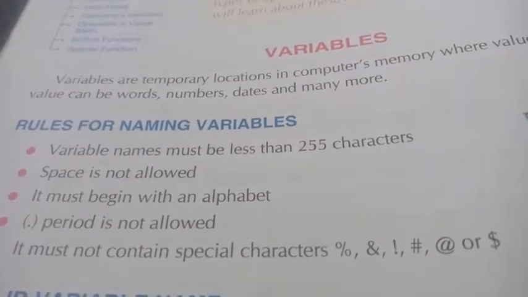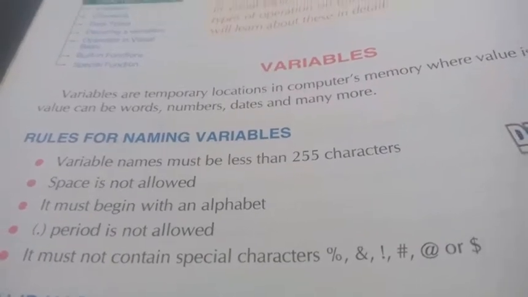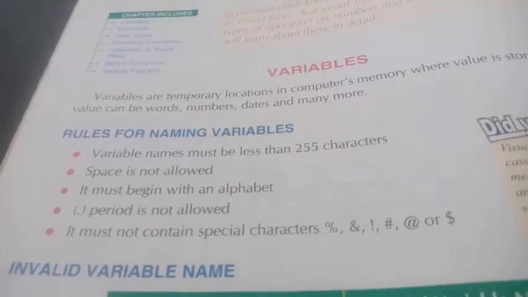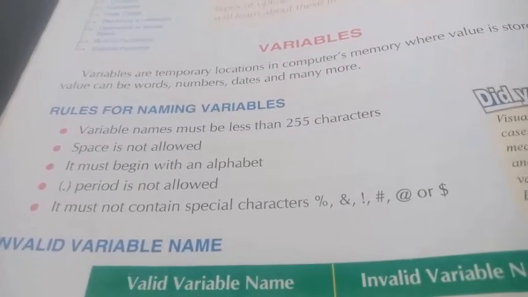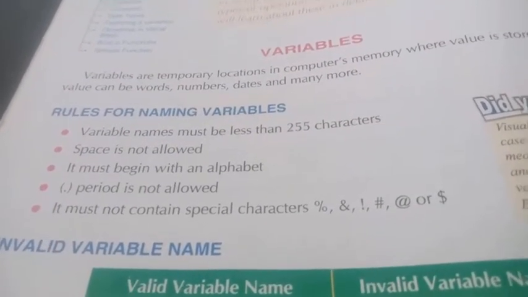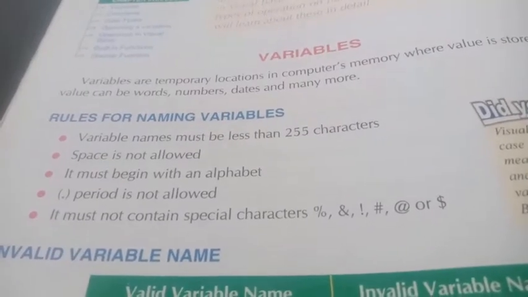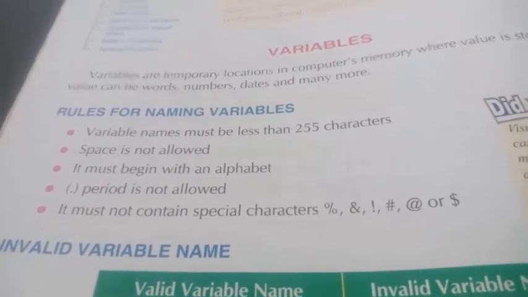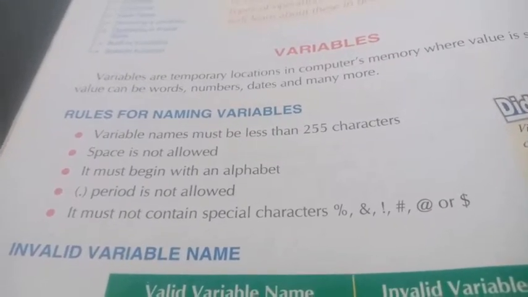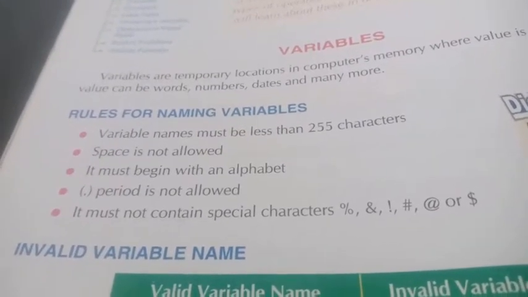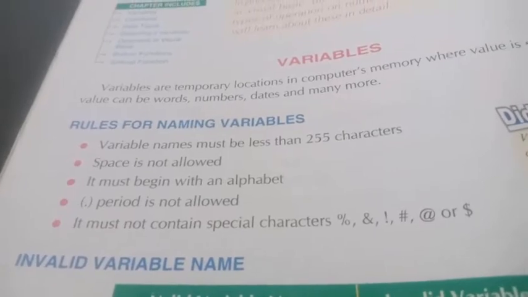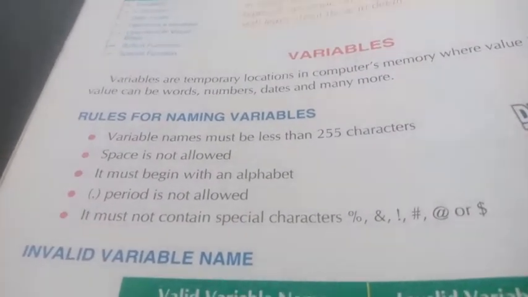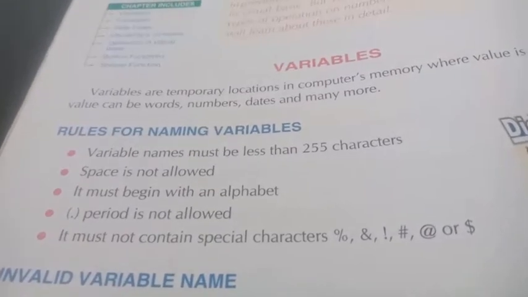Everything in a computer needs a variable for storage. So, rules for the naming convention: variable names must be less than 255 characters. Space is not allowed. It must begin with an alphabet, so if we start with a number, it will be invalid.